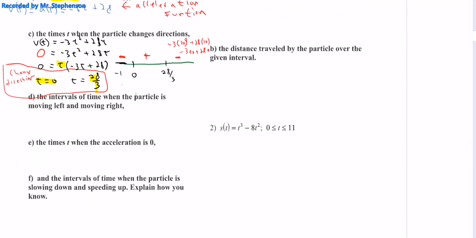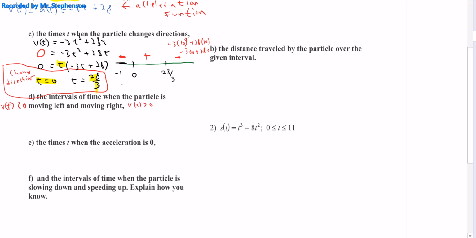All right, so now I need to write the intervals of time when the particle is moving left and moving right. We already did most of this. It's moving left when the velocity is less than 0, and it's moving right when the velocity is greater than 0.